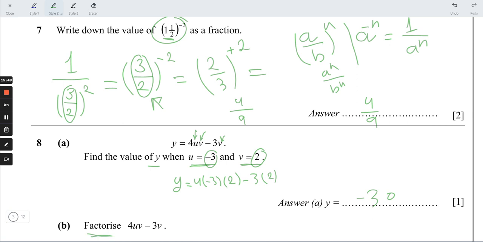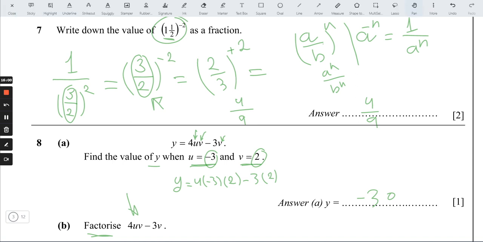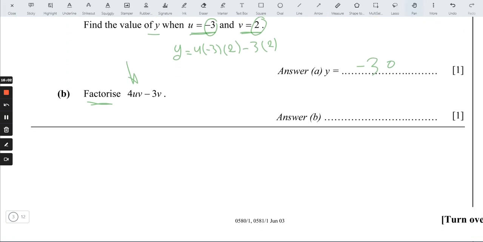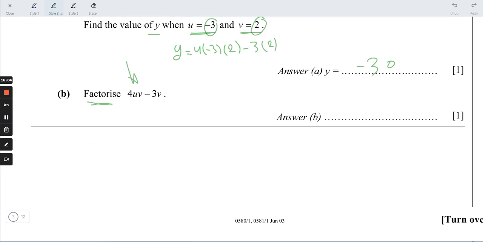Part B here: factorize. They are not saying factorize fully, but this one needs just one step to factorize it fully. To factorize this algebraic expression, first of all you have to factorize the numbers, which are 4 and 3.